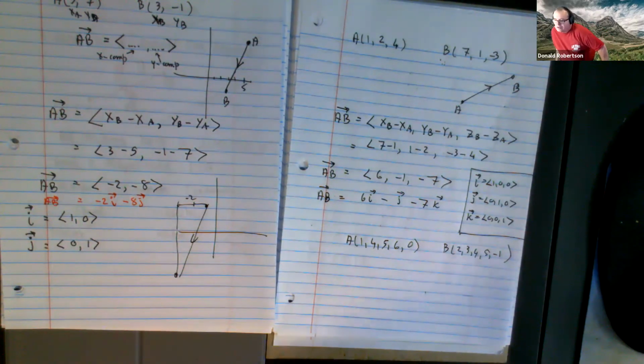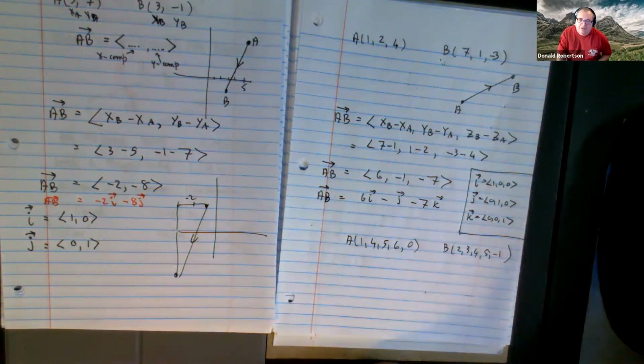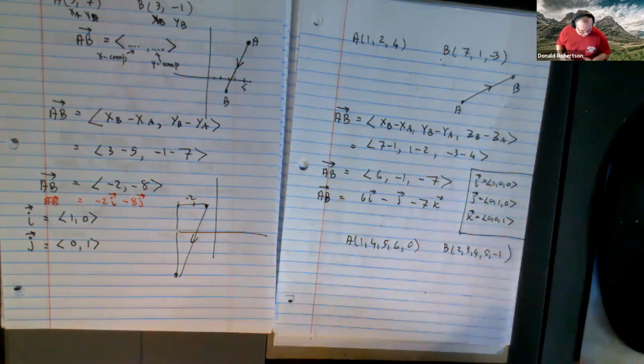Would you agree you could have any dimensions you like? And for those 2 points, couldn't I find the vector joining? What that means is that we've now created a system that can be expanded to any number of dimensions that you like. I think that's pretty cool.